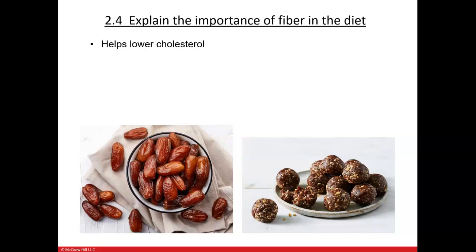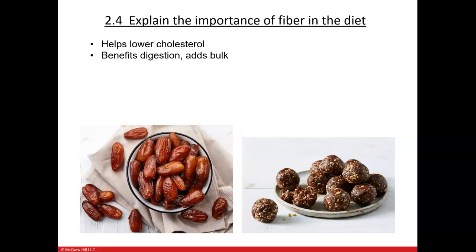Some foods have more fiber than others, and we're encouraged to eat these high fiber foods. It does all sorts of good things for us. One of the things fiber does in our diet is it kind of traps cholesterol in our blood and takes it away. And that's good to keep relatively low cholesterol levels.